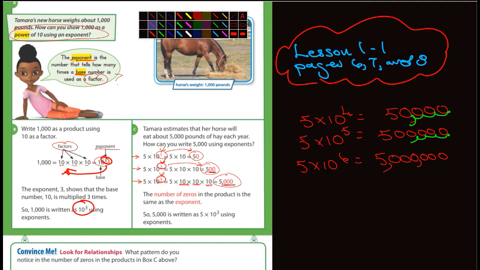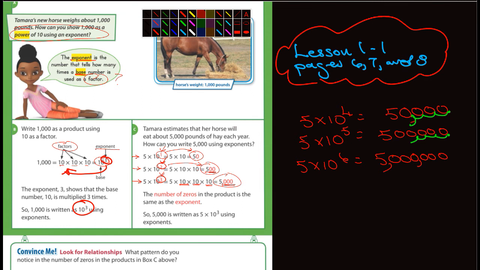All right. So down at the bottom here, it says, look for relationships. What pattern do you notice in the number of zeros in the products in box C above? Well, just simply write in your workbook there the number of zeros match what?